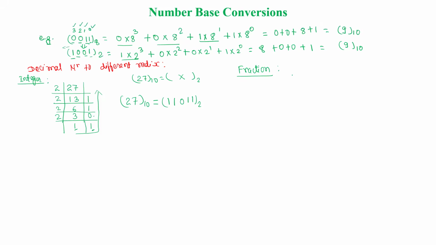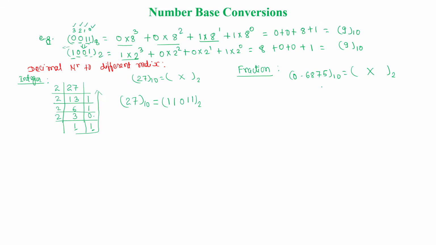Like we have 0.6875. This is base 10. We have to find its binary equivalent. So what is the concept here? The fraction should be multiplied by the radix, the one in which you are going to convert.